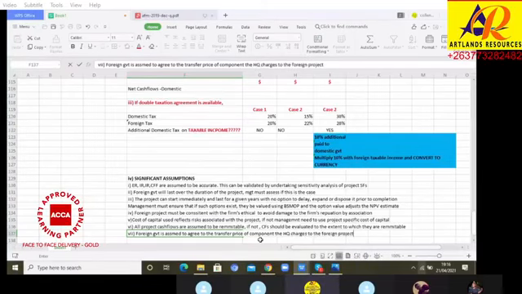We assume that the price of components that we are charging to the foreign project, the foreign government will agree to this. You get that? So all these are the assumptions.